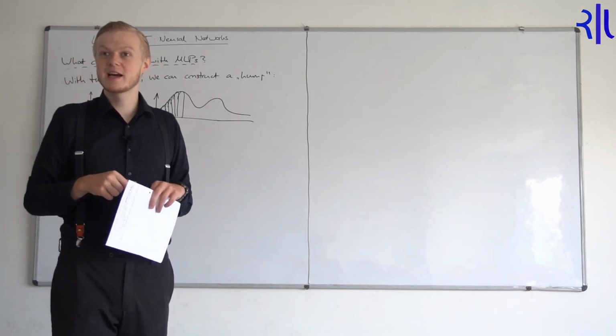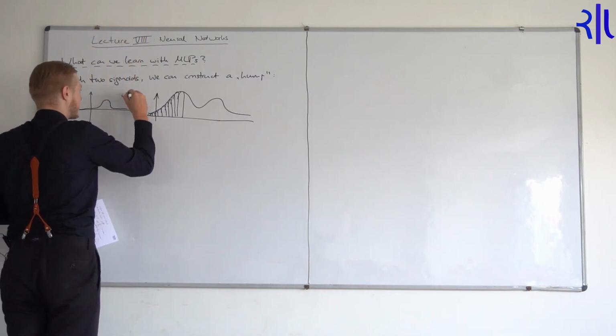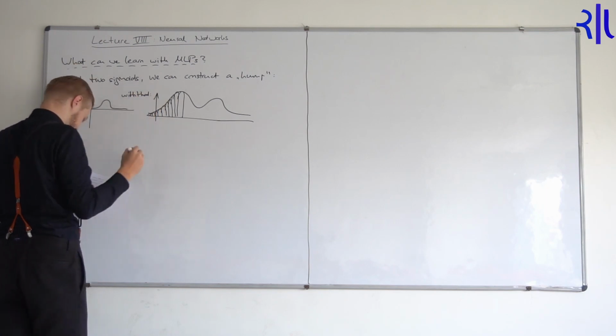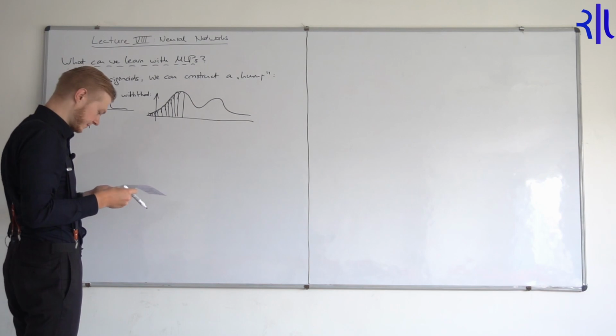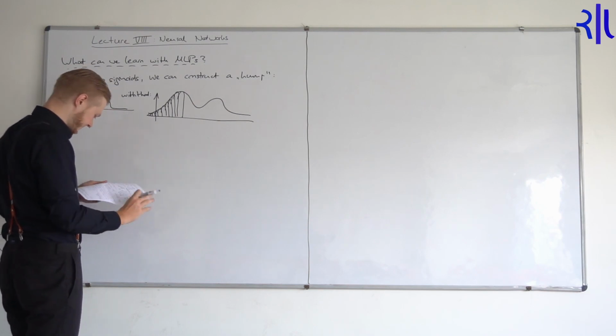So that means we can approximate actually any function arbitrarily well by making the humps very thin.